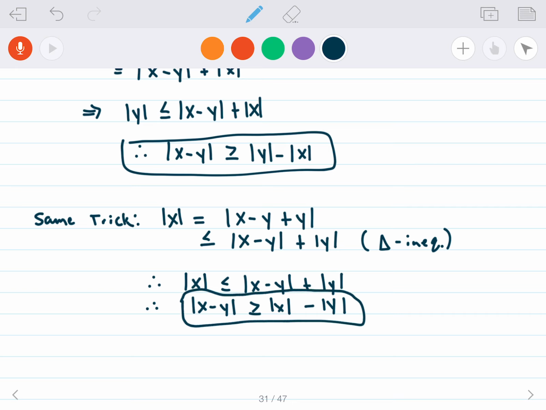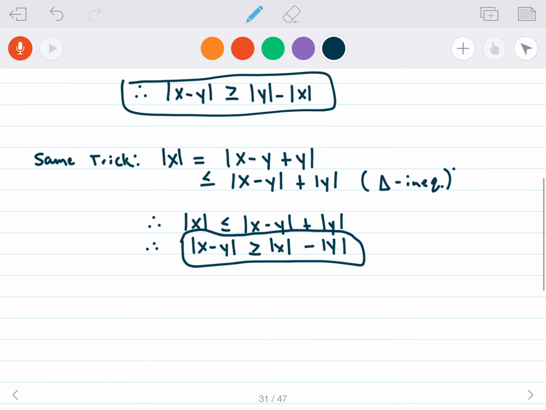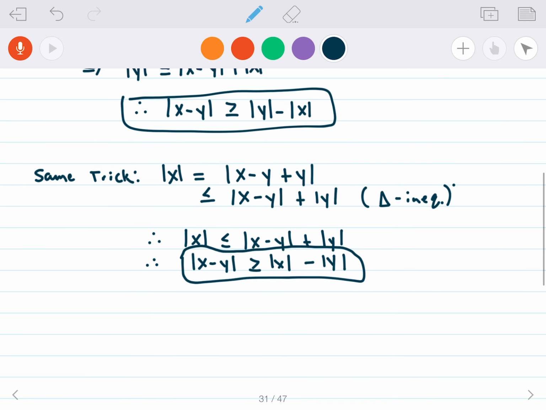Okay, so we have these two things here, and so notice that abs y minus x is just equal to negative abs x minus abs y.